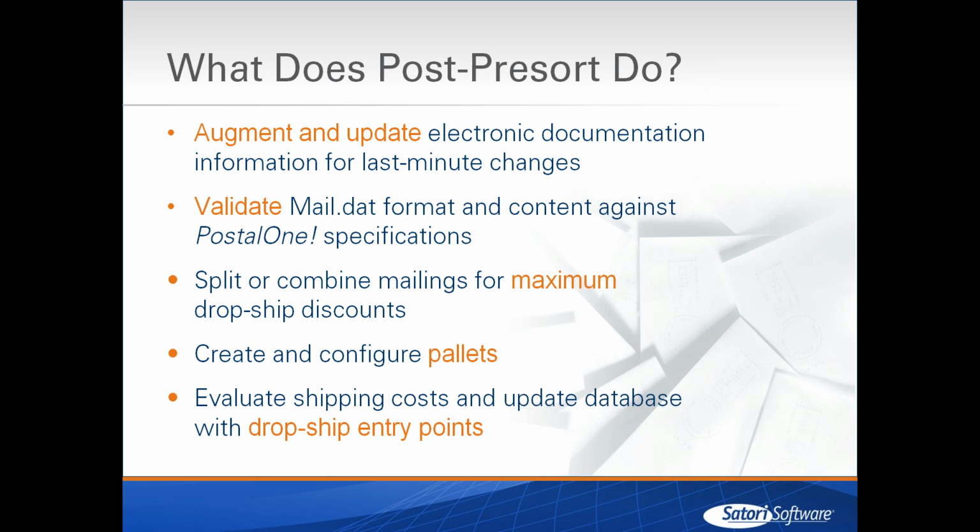What you can do with this Post-Presort software is augment it. If you need to add additional information, maybe the person that you're mailing for changed, or maybe you need to add a CRID to your electronic documentation because you forgot to do that in your pre-sort product. Or if you just want to make sure that the Mail.dat file was generated in a way that the post office is going to accept, you can validate it against those USPS specifications.